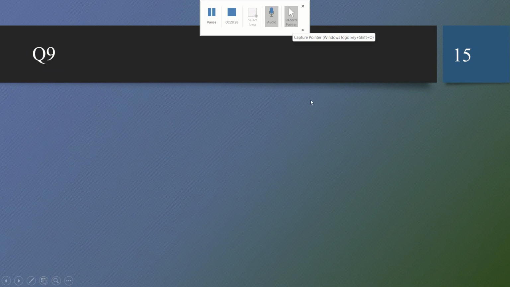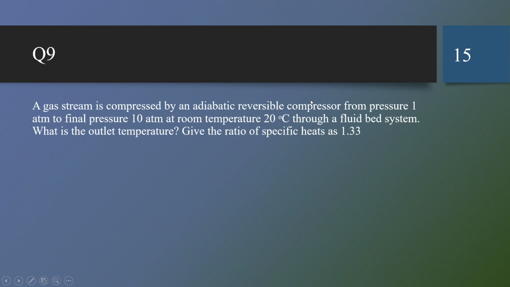In question 9, it is given that a gas stream is compressed by an adiabatic reversible compressor from pressure 1 atmosphere to final pressure of 10 atmosphere at a room temperature 20 degrees Celsius. What is the outlet temperature if the ratio of specific heat capacities is 1.33?